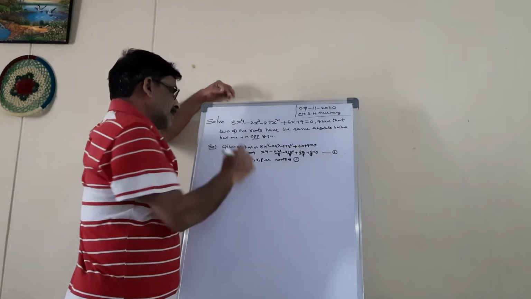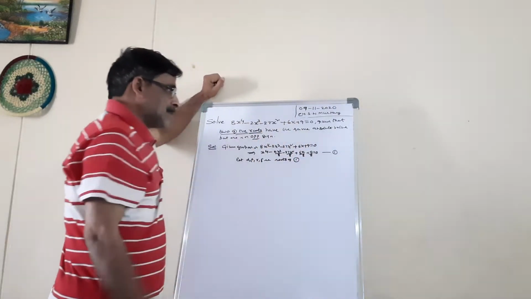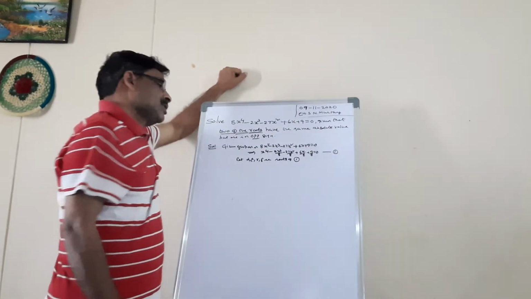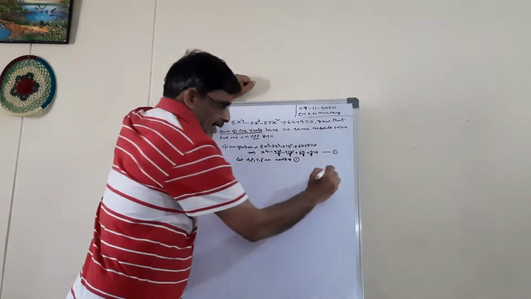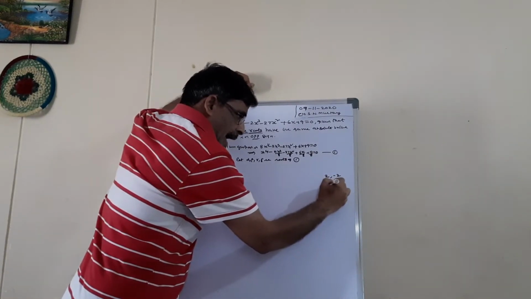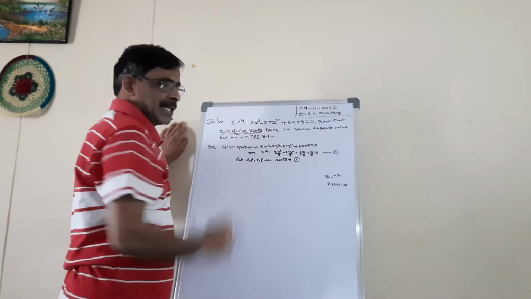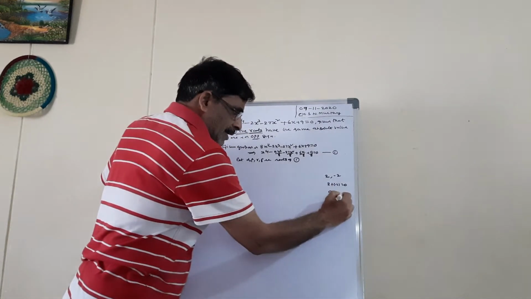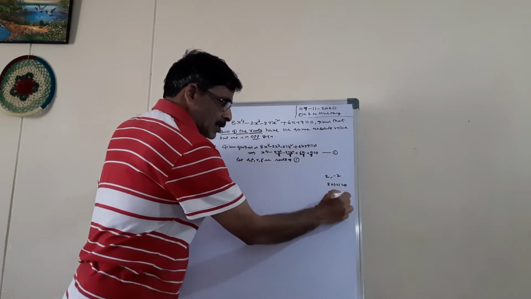Next, what is given? Two of the roots have the same absolute value but different sign. Suppose 2 is one of the roots, the second one is minus 2. If you add these two, it is 0. That is the condition. If a is one of the roots, the second one is minus a, and the sum of these must be equal to 0.